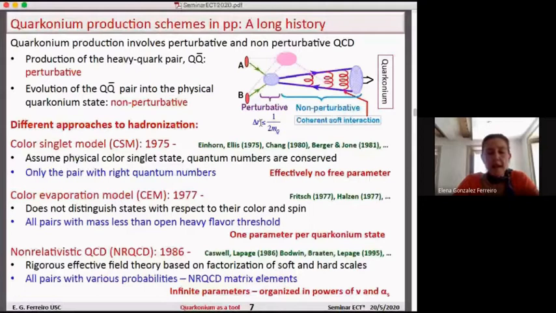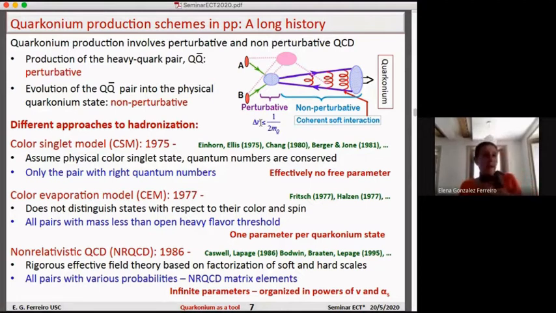And the last and most successful approach is non-relativistic QCD, which includes not only the singlet states, but also the possibility of octet states in order to produce quarkonia. So all pairs of QQbar are taken into account with various probabilities.